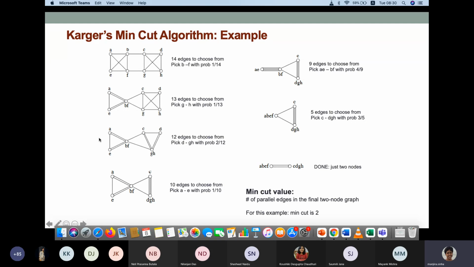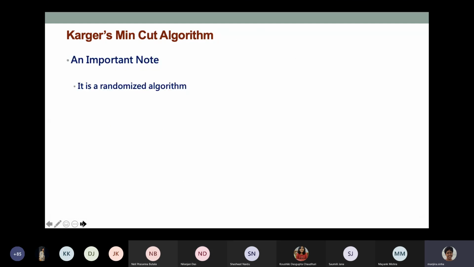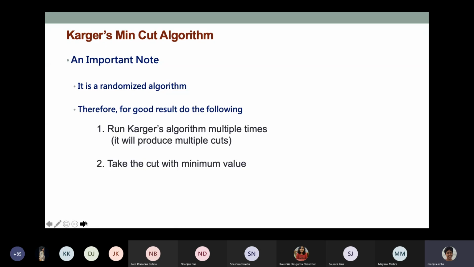So that's why in the implementation, especially for very large graphs, like the Facebook friendship graph or protein interaction graphs, there are millions of nodes, right? So we run it multiple times so that I can have multiple outputs and choose the minimum value from them, because it is a randomized algorithm.